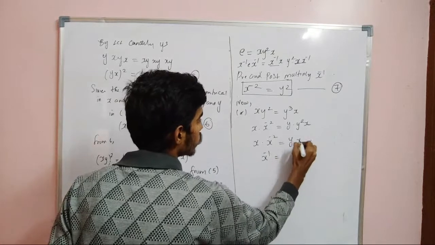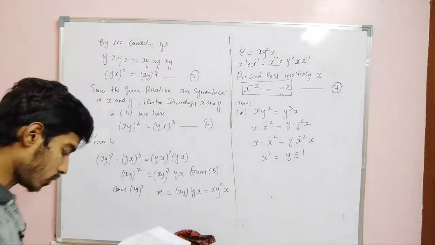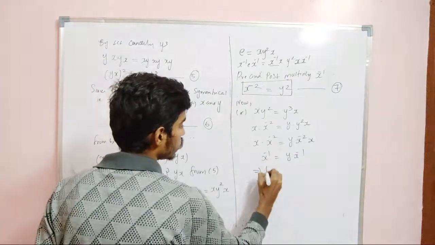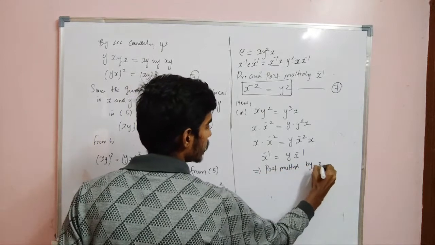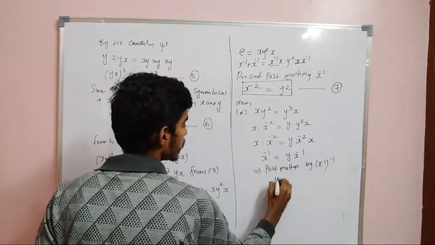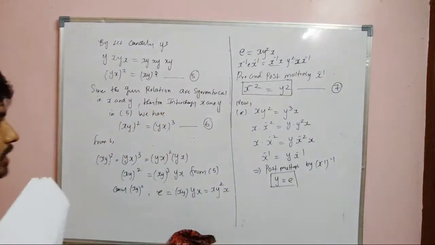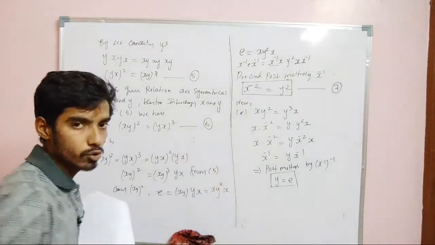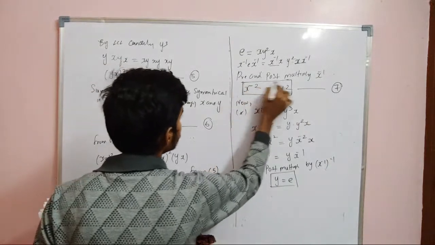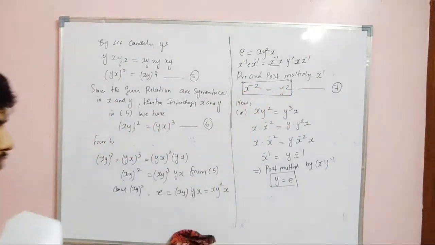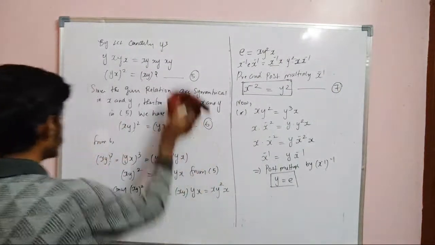So y into y square is x power minus 2 x. This is y x inverse. So if we post multiply by x inverse whole inverse, we will get y is equal to e. This is the first thing we need to prove, and with the help of the second condition we will prove x is equal to e. We worked very hard for obtaining this condition, x power minus 2 is the same as y power 2. So from the first condition we have got y is equal to e.